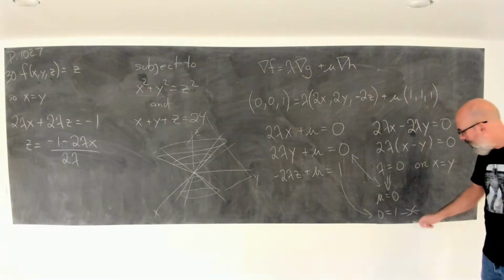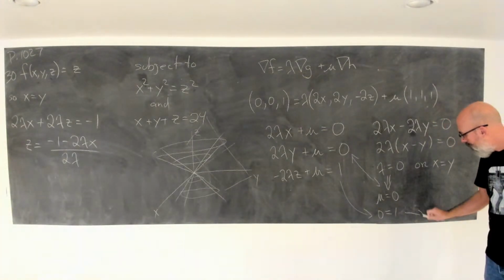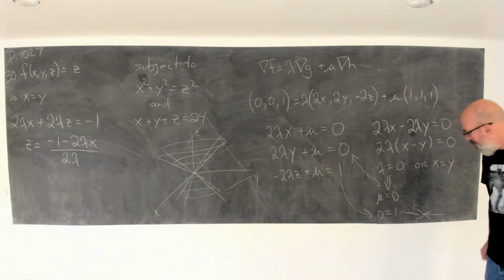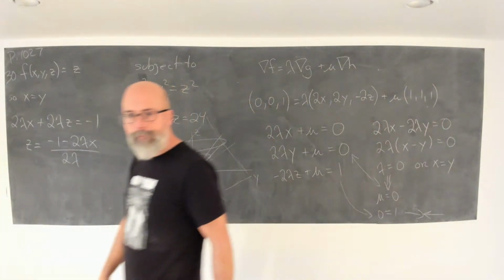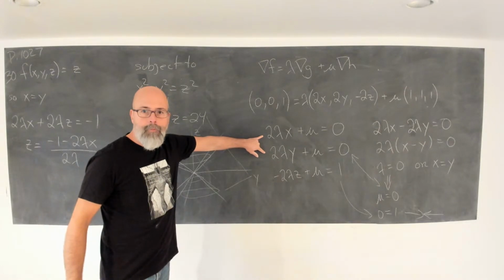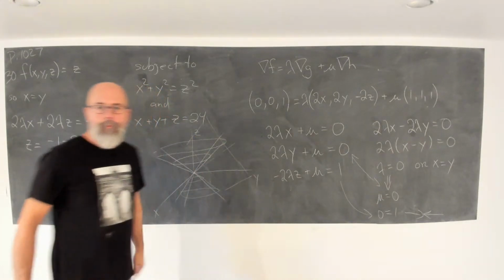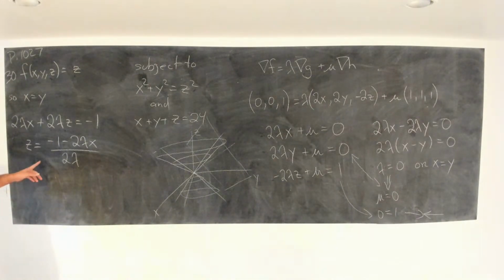No, contradiction. 0 is equal to 1. Contradiction. I subtracted these two. So we have z is this.